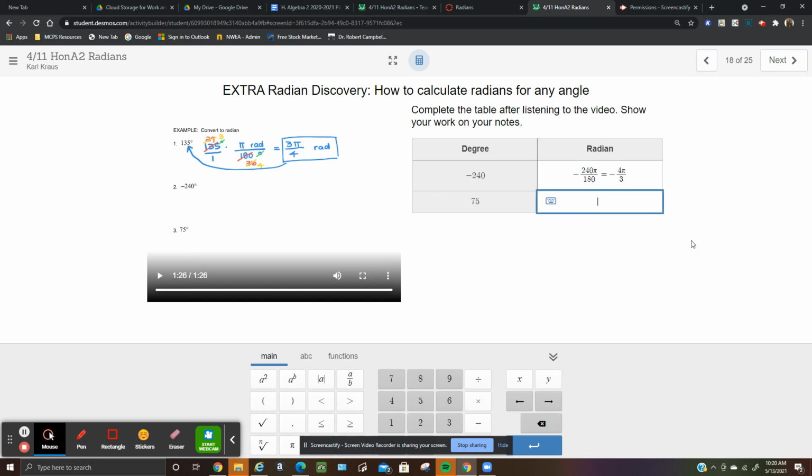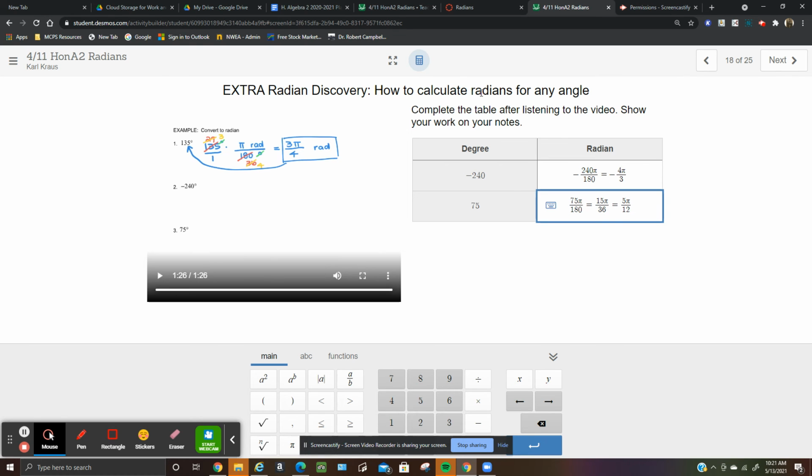And then 75 should be 75 pi over 180. And both of those are divisible by 5, 15 pi over 36. And both of those are divisible by 3, 5 pi over 12.